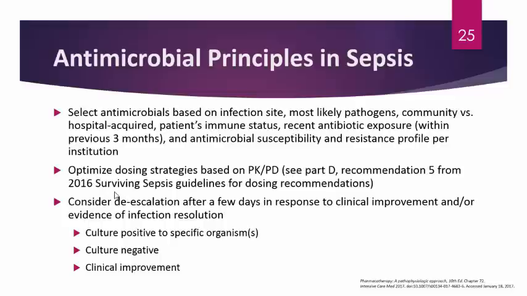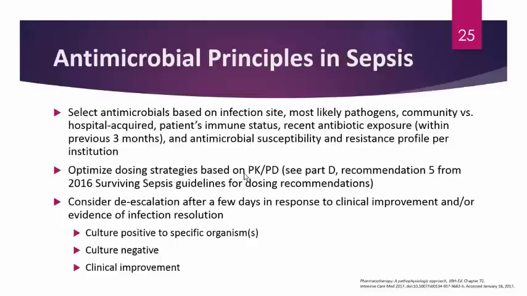It's also important to optimize your dosing strategies based on pharmacokinetics and pharmacodynamics. And the sepsis guidelines have recommendations for that if you see Part D Recommendation 5 from the 2016 guidelines. I won't expect you to know doses for these medications, but it's important to realize that there are recommendations for doses based on pharmacokinetics and pharmacodynamics in septic patients, which can be very complicated.